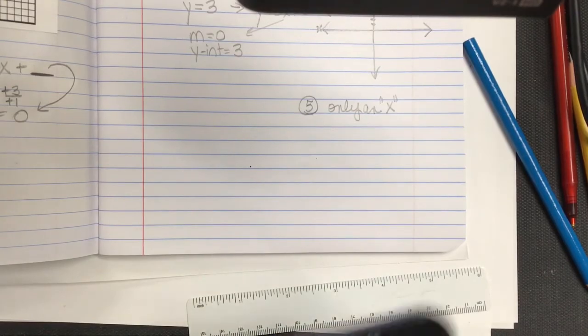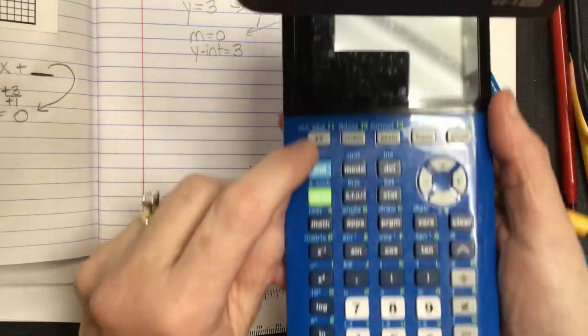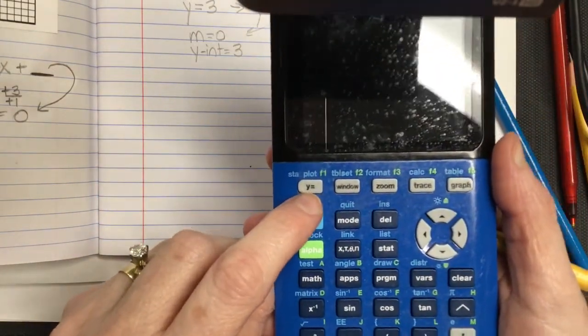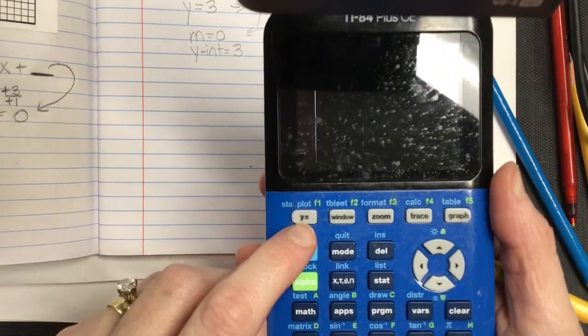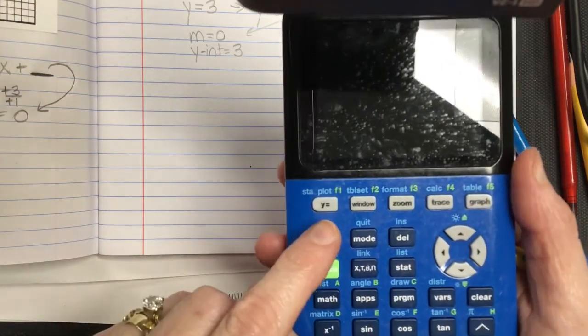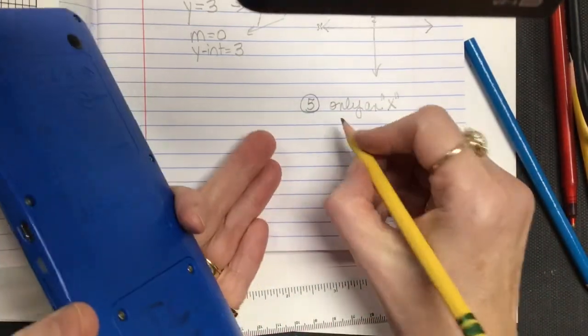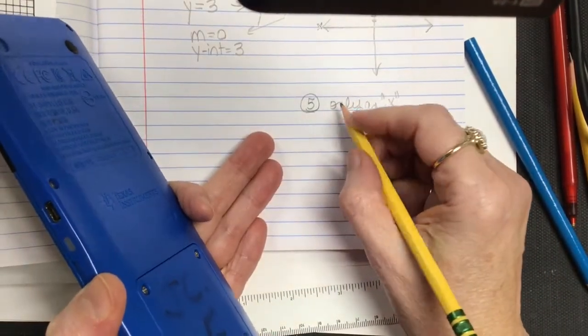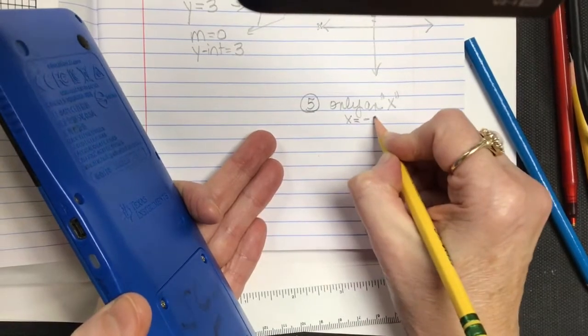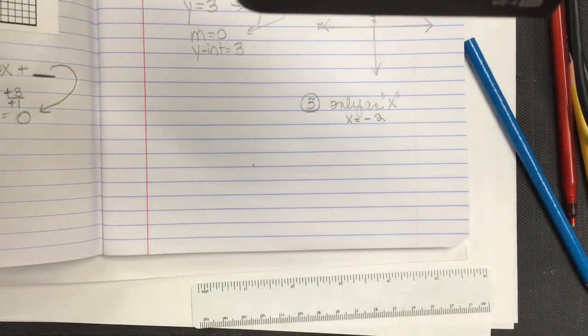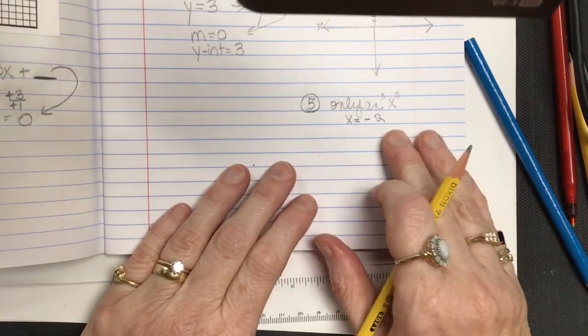See, everything we've done so far has a y in it, and so you have this y equals right there, and your calculator easily graphs y equals. So this x equals thing, let's do x equals -2. You can force it, but it's hard, and we just don't do them much. Occasionally we do, but it's not easy to push the button and graph it. It's just not that friendly. So we're going to do x equals -2.